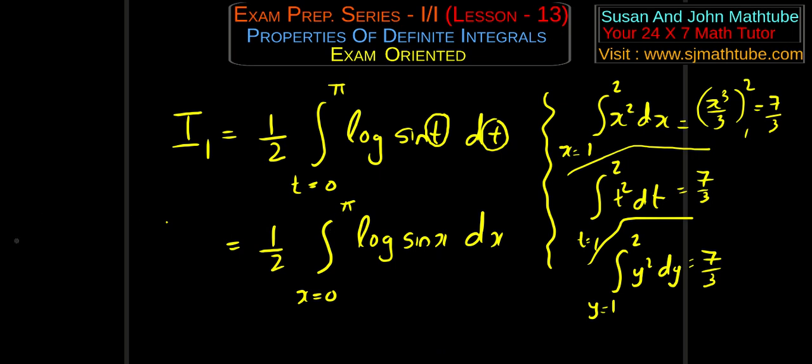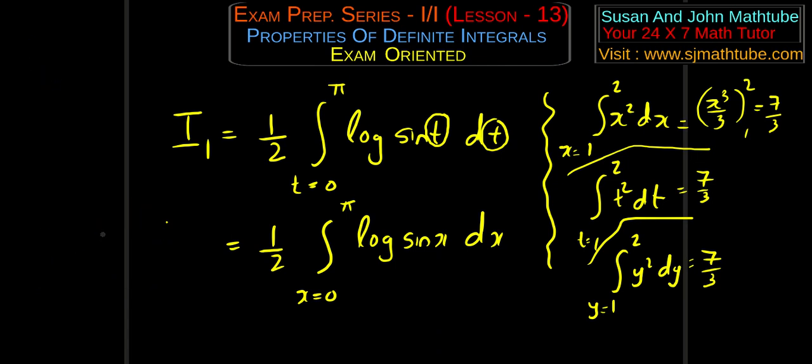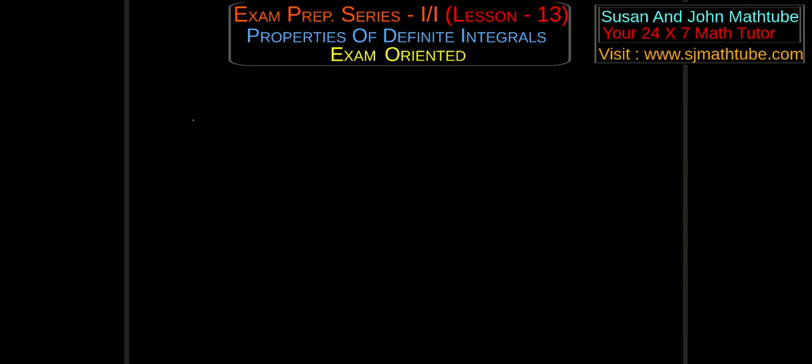Do you remember the property? Suppose you have the integral from 0 to 2a of f of x dx. If you have something symmetric like this, we can apply a property which will cut the limit into the middle. And the property goes like this. I'll write it in the next page.